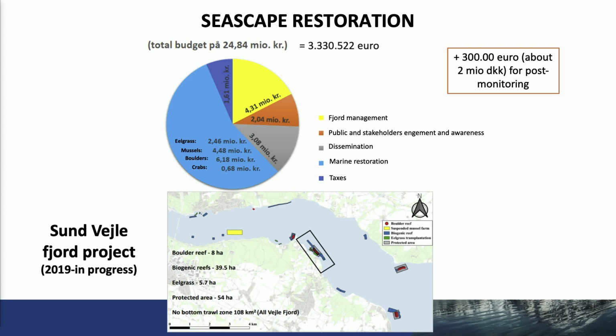We also have a very important part devoted to marine restoration on the proper habitats, but also something that might be called passive restoration, for example the removal of green crabs, which are predators of eelgrass, especially of the roots and the seed of eelgrass. And this is also an important part that should be included in our cost effectiveness estimation.